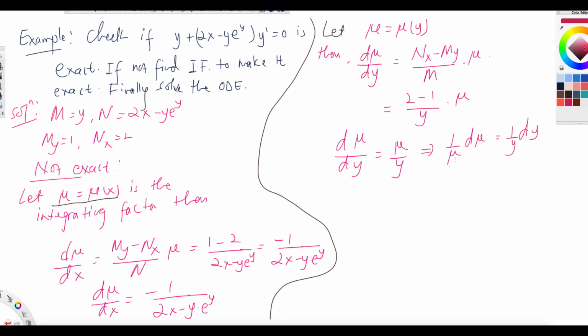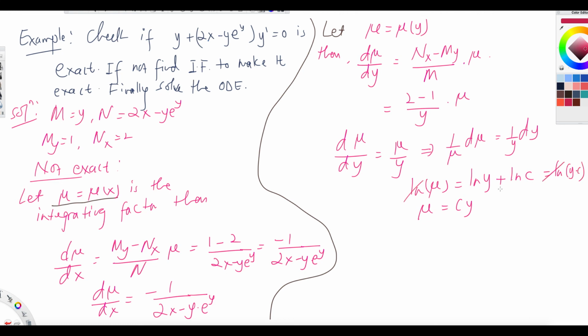So what do you get there then? If you integrate this, you will get natural log of mu equals natural log of y, plus natural log of c, you can write. So when you combine that, you will get mu equals cy, because natural log and natural log cancel out.